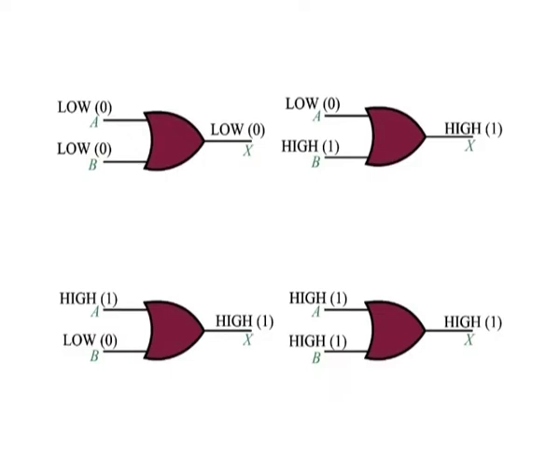As shown in the figure, the inputs of the 2-input OR gate are labeled A and B and the output is labeled X. The operation of the gate can be stated as follows. For a 2-input OR gate, output X is high when either input A or input B is high, or when both A and B are high.